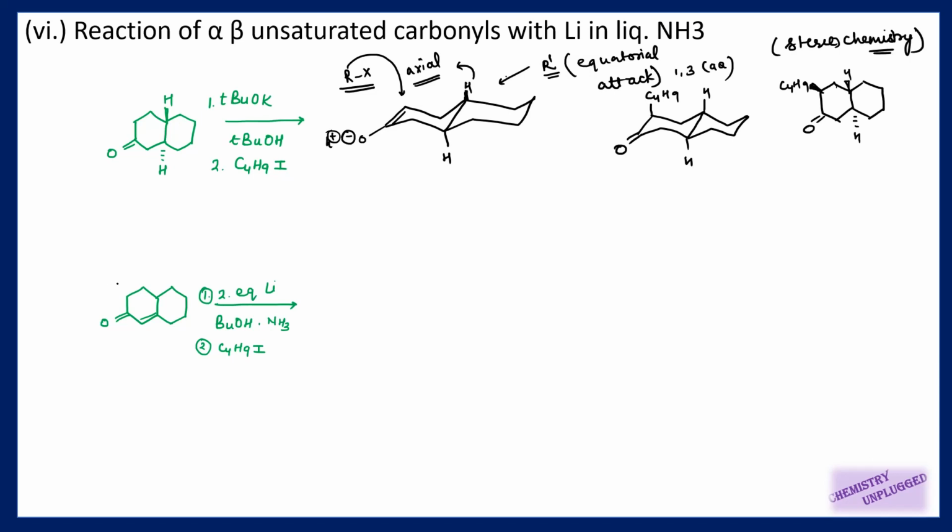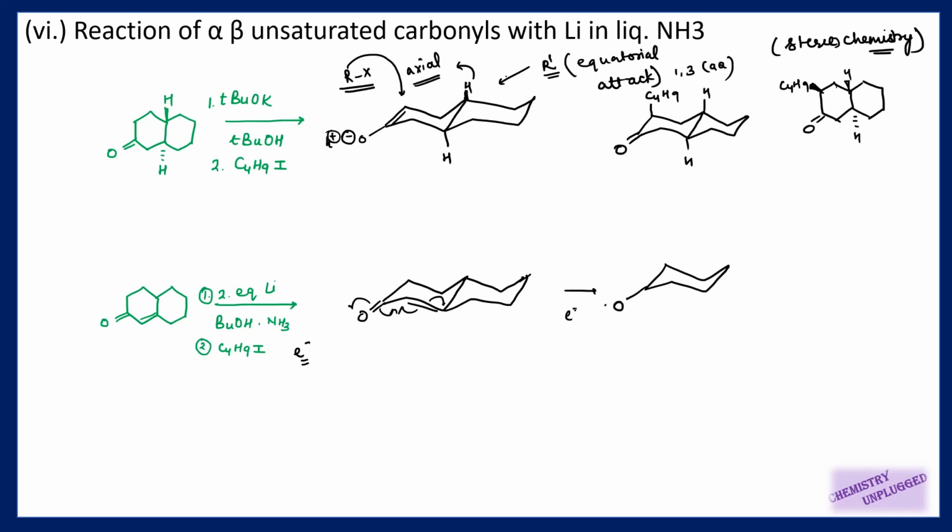Then we are using this alpha beta unsaturated carbonyl. So I will write it in chair form. In the presence of lithium in ammonia, it will form an enolate like this, because lithium in liquid ammonia provides electrons. That is why I am showing this type of bond movement.